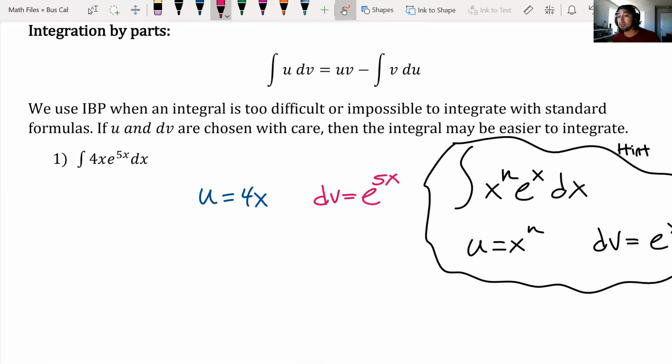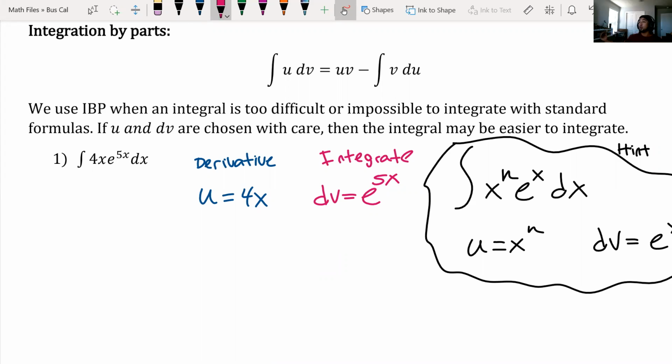Now here's how integration by parts works. For u equal to 4x, we are going to take the derivative. For dv equal to e to the 5x, we are going to integrate.